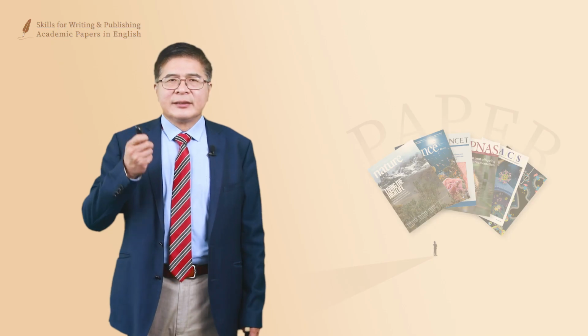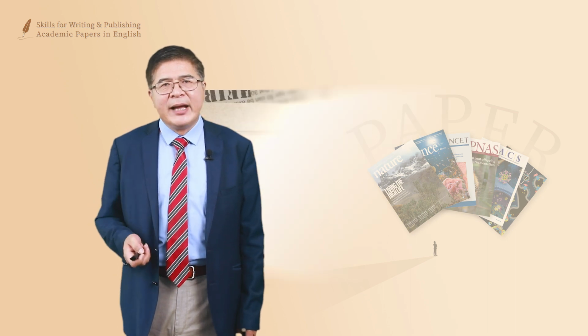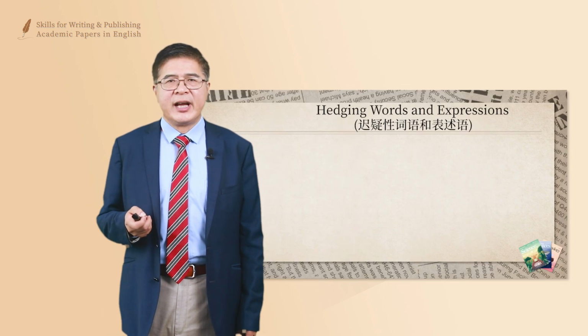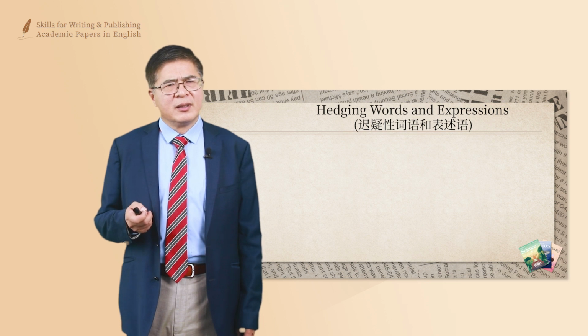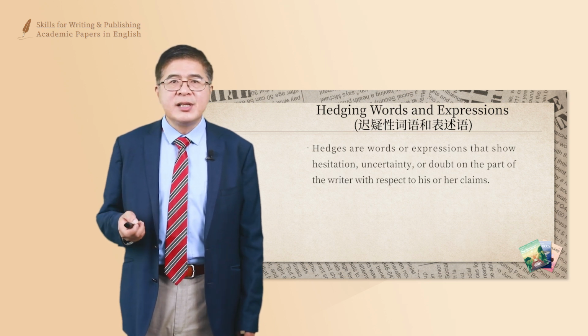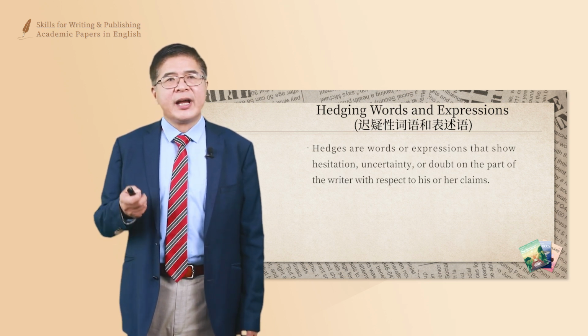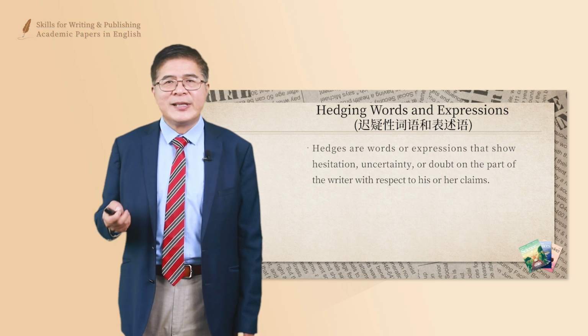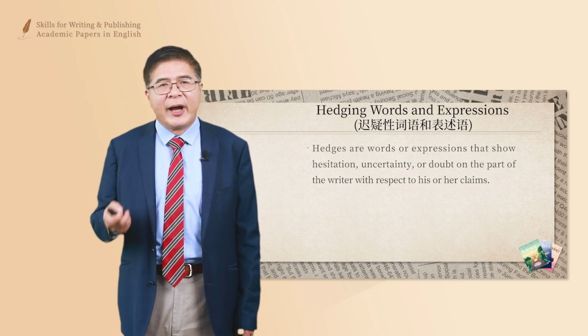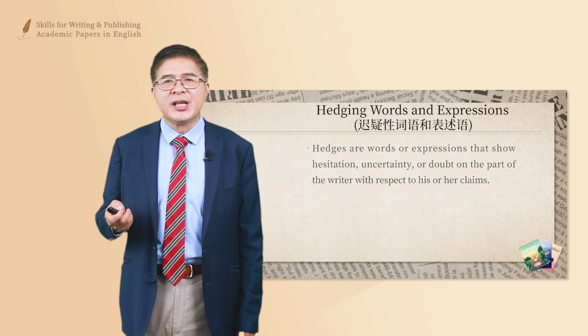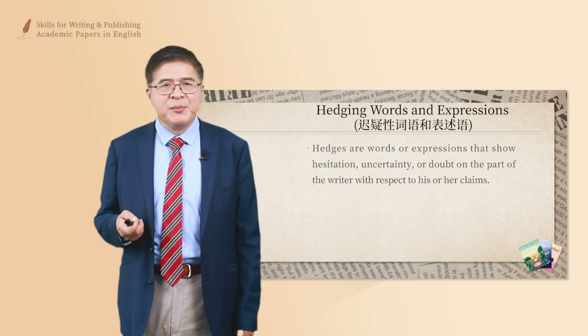All right, the seventh thing a writer needs to keep in mind is the hedging words and expressions. Hedges are words or expressions that show hesitation, uncertainty, or doubt on the part of the writer with respect to his or her claims.